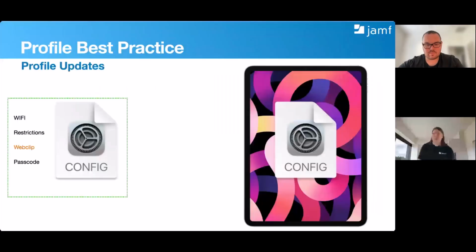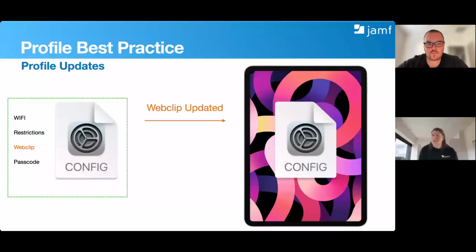Here I have my monolithic profile with all my settings applied, and a teacher has asked me to add a new web clip to the student's device. So I open up my profile in Jamf School and I add my new web clip to the web clip payload. I've not made any changes to the other payloads. They've all remained the same. I click Save and Jamf School sends the updates to the devices in scope.